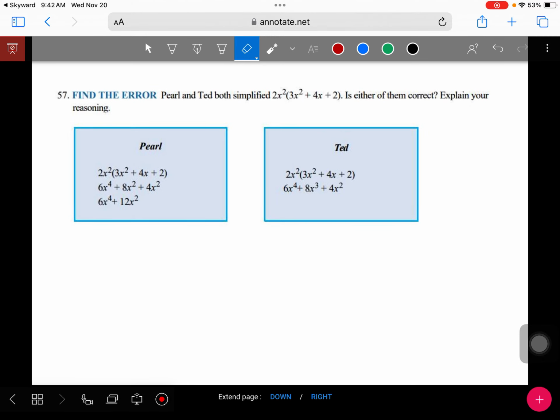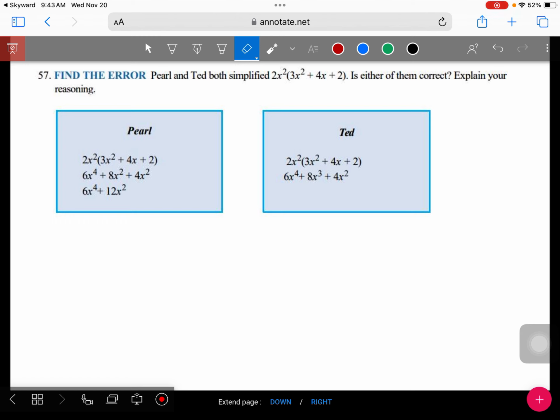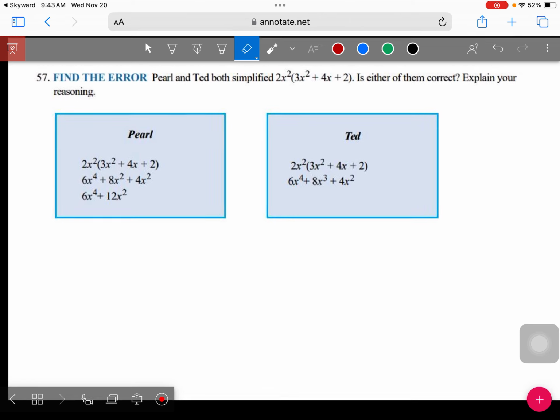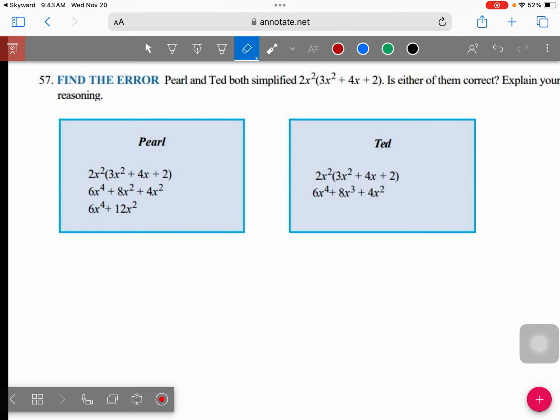Pearl and Ted both simplified 2x squared times that trinomial. Is either of them correct? Explain your reasoning. So on the back of page 2, or homework 2, they both are simplifying this multiplication problem. Which one is correct?